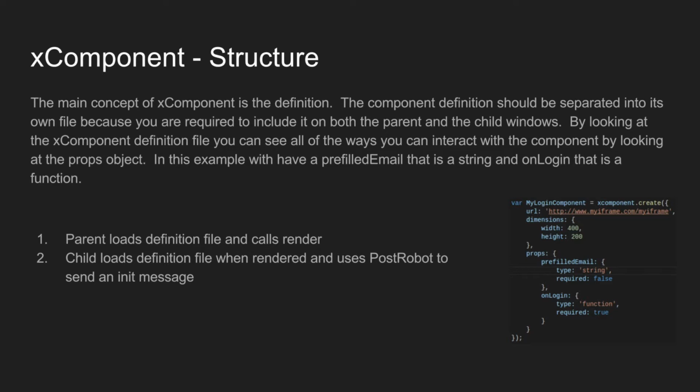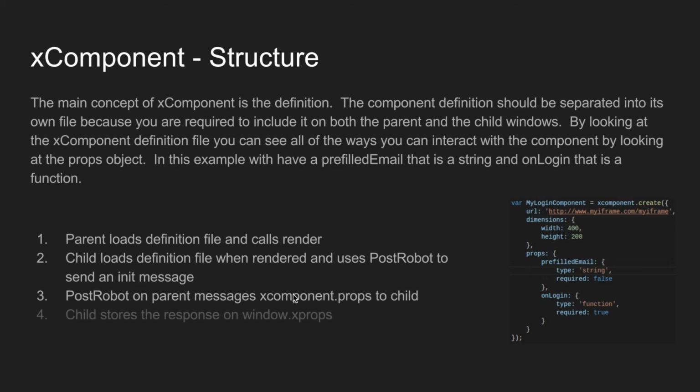The iframe page that we're loading needs to have the script include for the definition file as well, because it's going to load the definition first. And then when rendered, it's going to use post-robot to send an init message back to the parent. So then the parent receives the message and actually then messages the xComponent.props to the child.